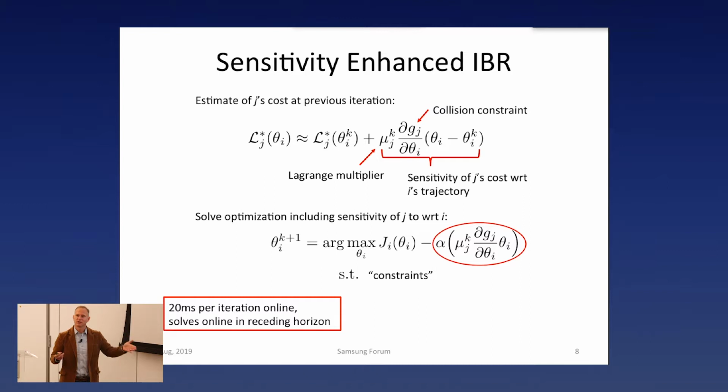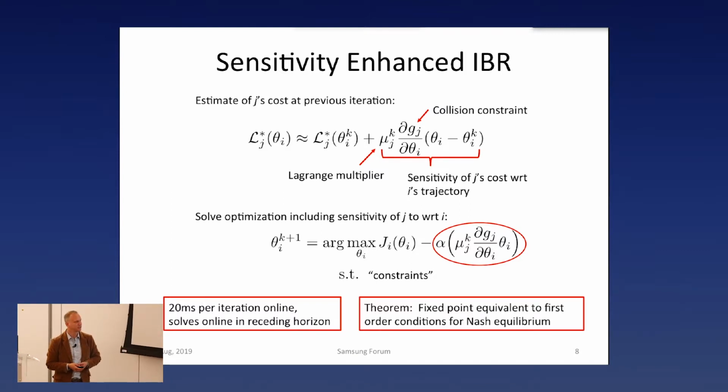Depending on your time budget, if you have, say, 1 second per plan, then you can do, what is this, 50 iterations or 5? Somebody help me. 50, thank you. Okay, 50 iterations. That's a pretty slow planning update rate. So maybe if you want to plan at 10 hertz, then you can do 5 iterations. And we find in practice that's fairly competitive.